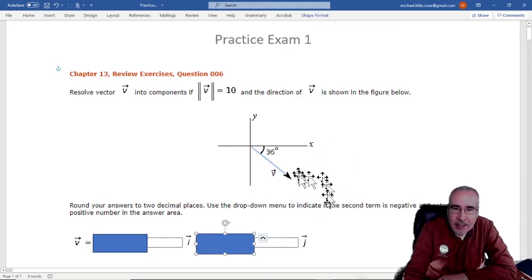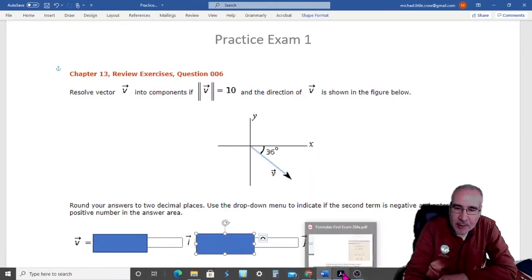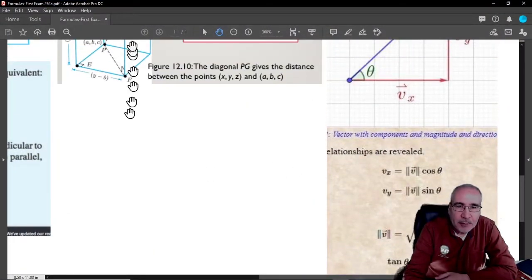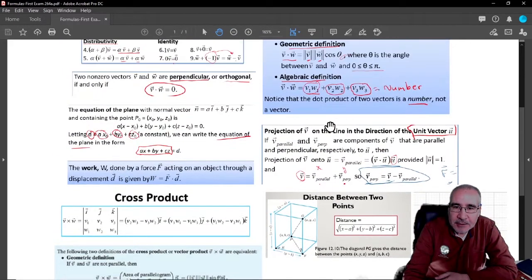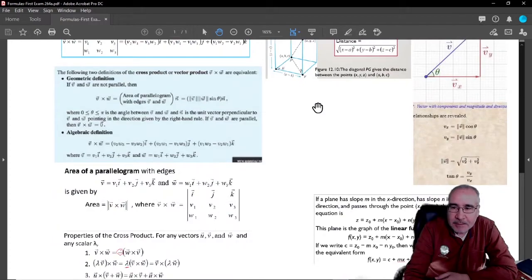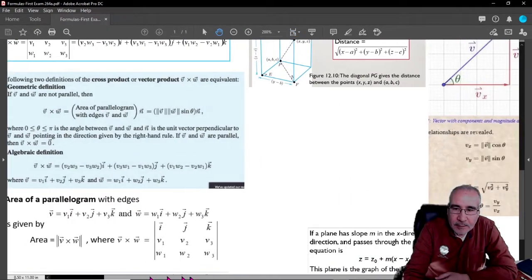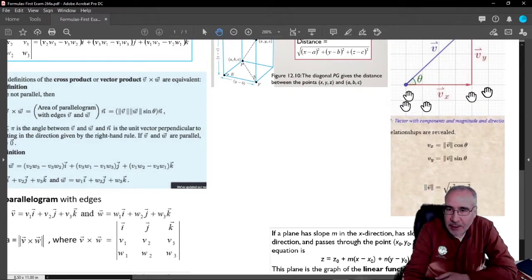Let's go ahead and do this one, and I want to tie you back as we go through here. This is our formula sheet. This is what we have to work with, all the details, and we're going to use this one here with the trig.